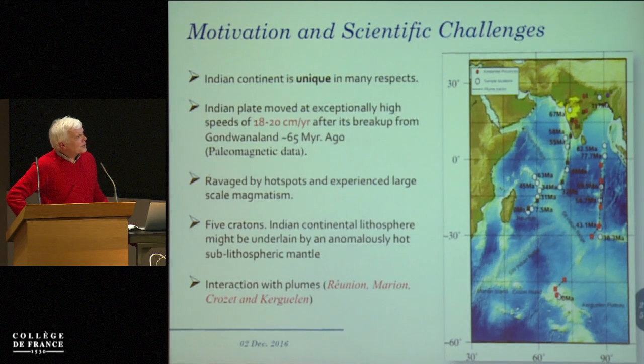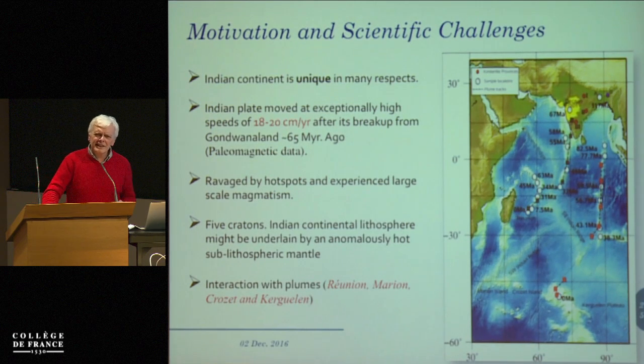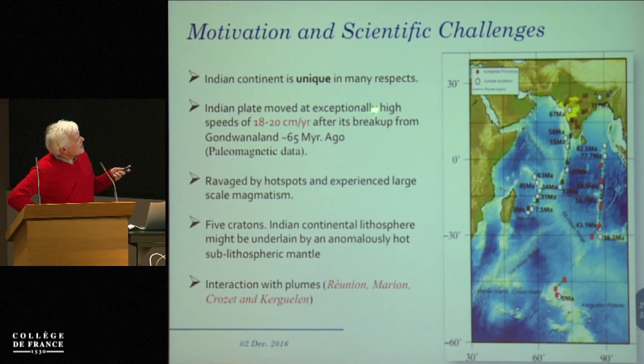And the reason why we are interested in India is that India is a very specific continent, because it was separated from Gondwana about 65 million years ago. And what is very surprising is that the velocity of the Indian plate was huge, 20 centimeters per year for more than 20 million years.